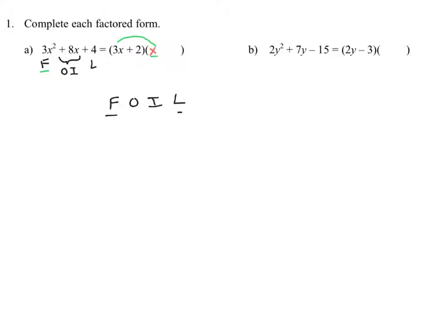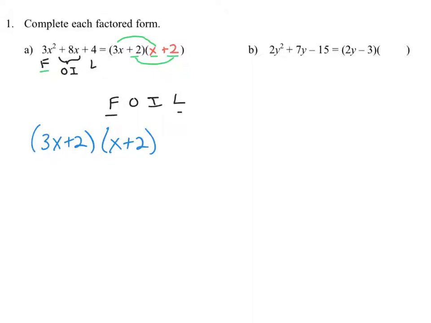And the last term is going to be a plus 4, and we know that this second term here is a plus 2, and we want to multiply it by the term here to get a plus 4. And that would be a positive 2 times a positive 2. So this is what we are guessing, that doing this trial of 3x plus 2 as one factor, then x plus 2 could be the other factor.